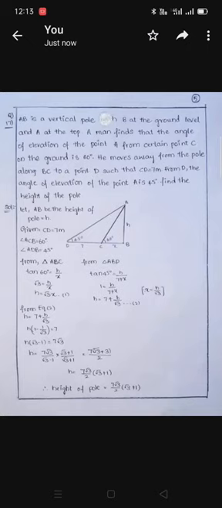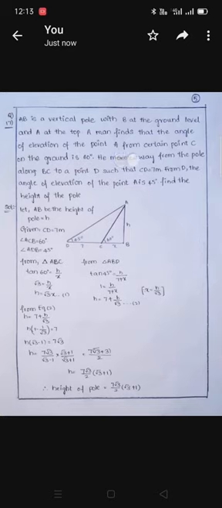AB bar is a vertical pole with B at the ground level and A at the top. A man finds that the angle of elevation of the point A from a certain point C on the ground is 60 degrees.